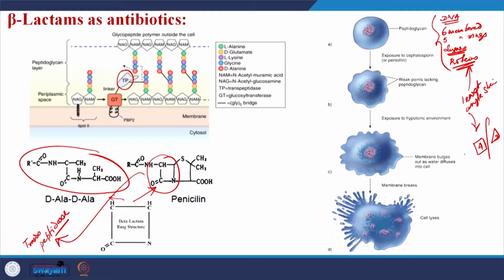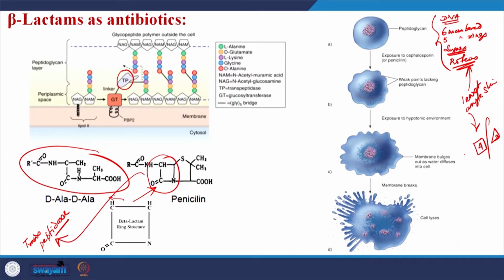As a result, the enzyme transpeptidase becomes inactive because it forms a covalent bond with the substrate. So, it could not further take part in the cross linking of the peptidoglycan layer.